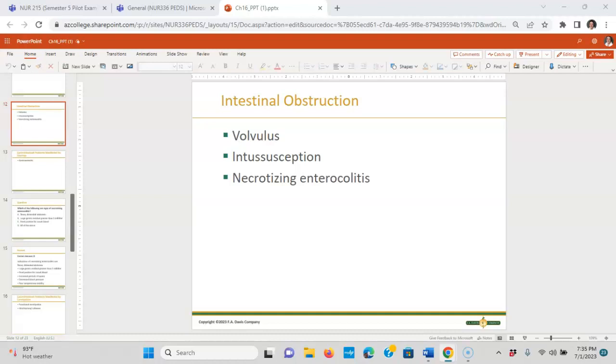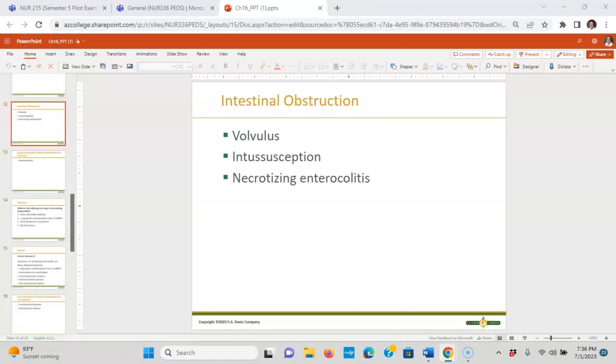So it's a double-edged sword. We don't want them on total parenteral nutrition very long. They may have to. Administer antibiotic therapy in case it does burst. And then surgical intervention is going to cause short bowel syndrome.